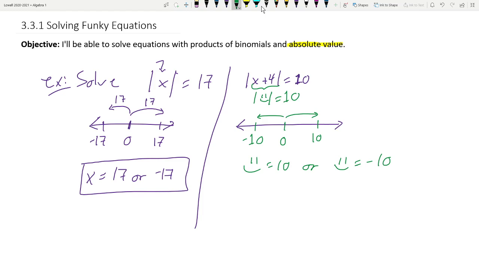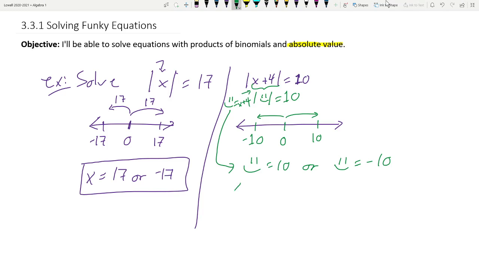Because the question doesn't ask us what smiley face is, it's asking us what x is. So we have to remember the substitution that we're making: smiley face is equal to x plus 4. Now we have to take care of that substitution and undo our cover up.